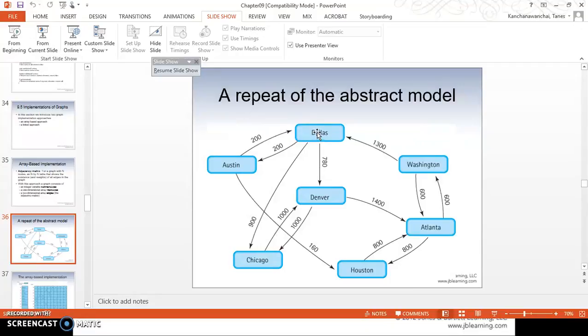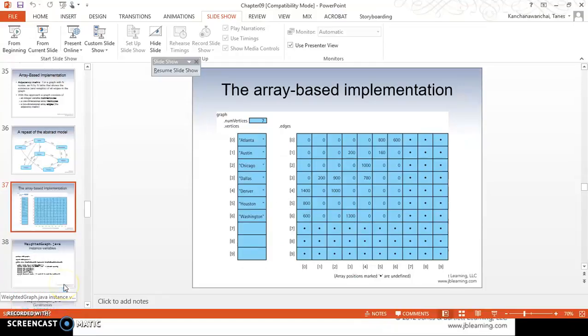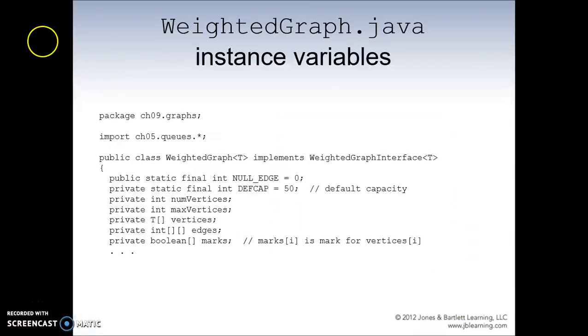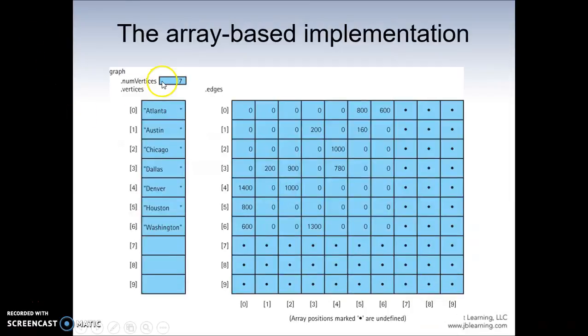So we said we can use an array base here. An array base is pretty much just a one-dimension array of the cities. When you do number of vertices, vertices is 7.